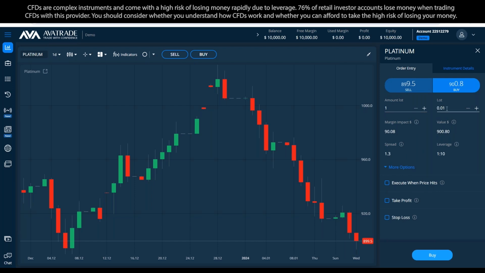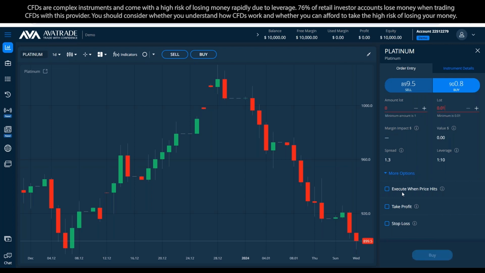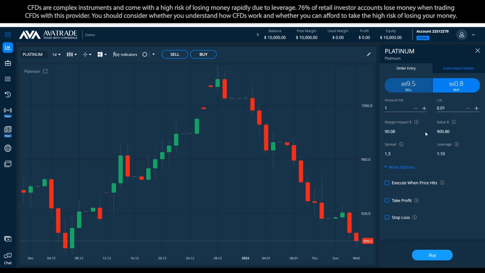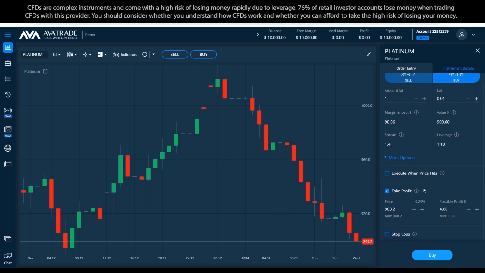So I've changed, you see, one lot equals 100, 0.1 equals 10, and I went for the bare minimum 0.01. And now what I'm going to do is I'm going to click, there are 3 pending orders here. I'm going to click on both, take profit and stop loss, to understand what the platform is doing.